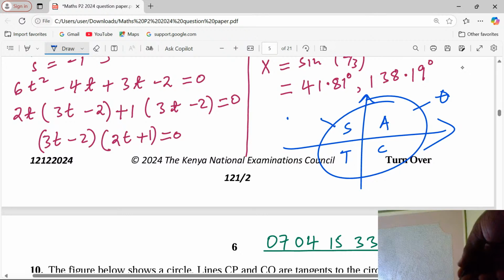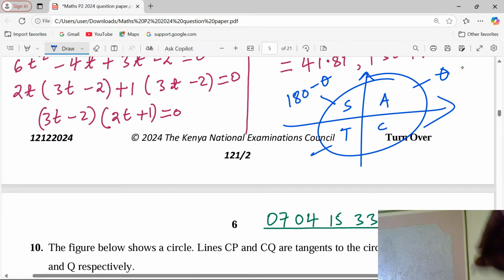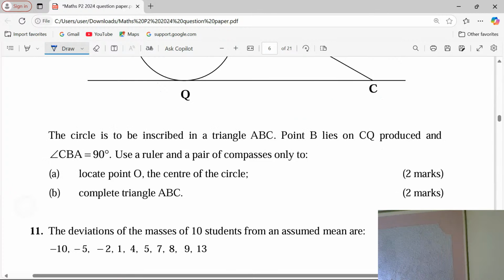But in the second, we need 180 minus the acute angle. In the third, we need 180 plus the acute angle. While in the last, we need 360 minus the angle. That is how we should handle the different quadrants.